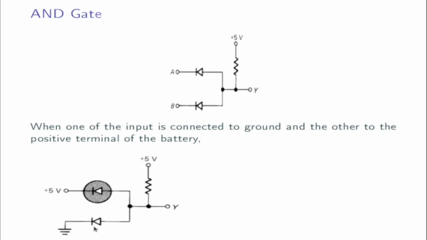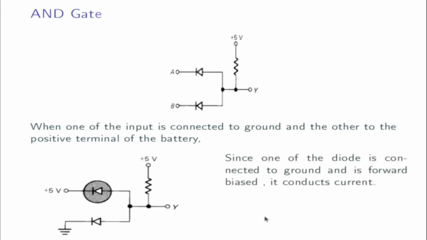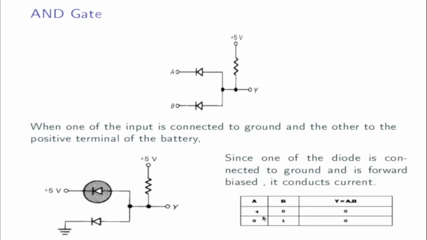Therefore the diode connected to ground is forward biased, so the current passes through this diode and goes to the ground. Therefore there is no output. That means when either of the diodes is connected to the positive terminal of the battery, the output is 0.